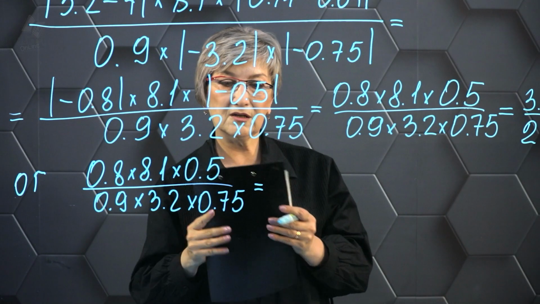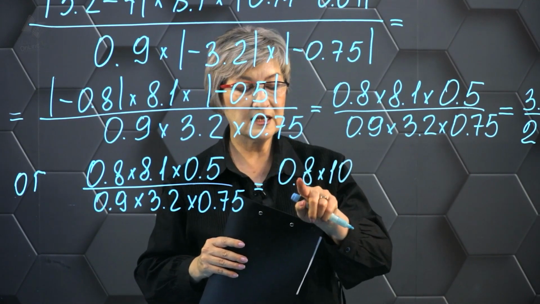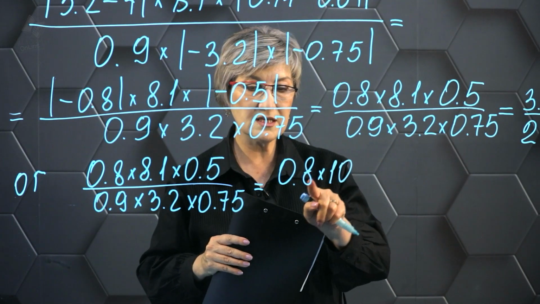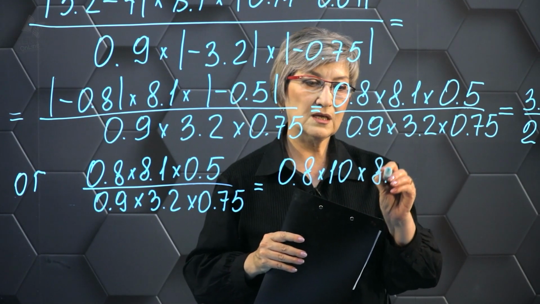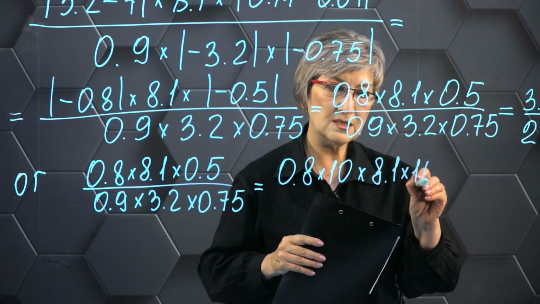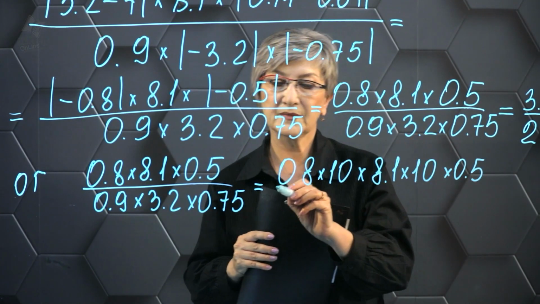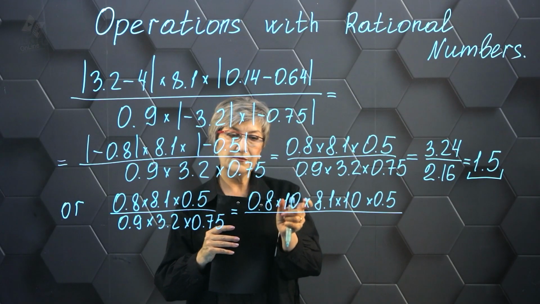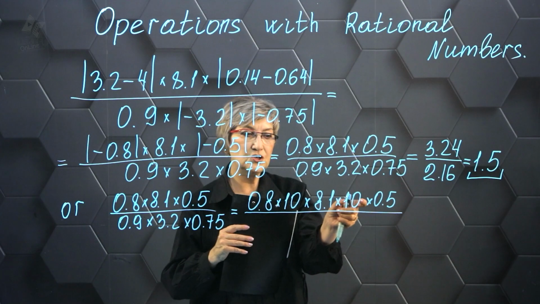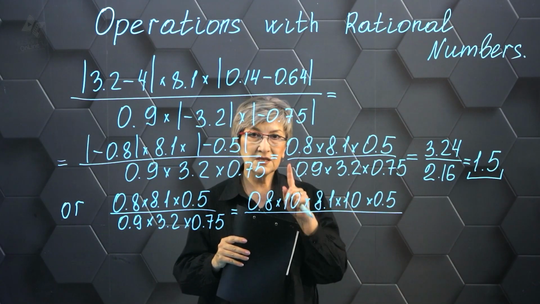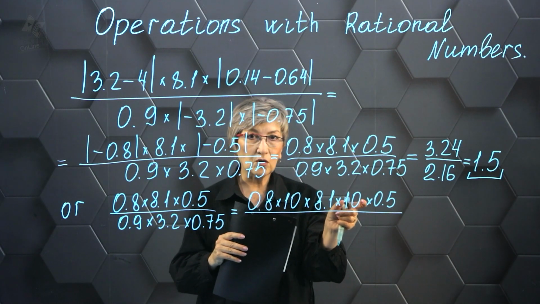Let's multiply 0.8 times 10. If I multiply 0.8 times 10, I get the number 8. I'll multiply 8.1 by 10, and I'll rewrite the number 0.5. But if I multiplied the numerator by 10 and then by 10 again, then I have to multiply the numbers in the denominator by 100.